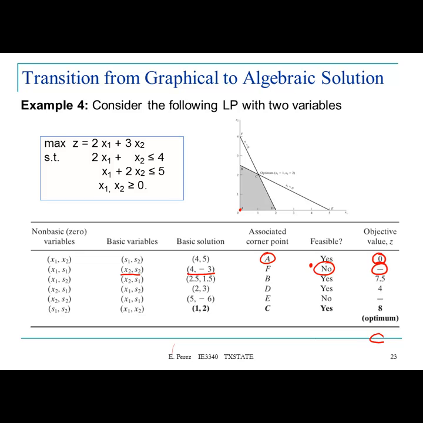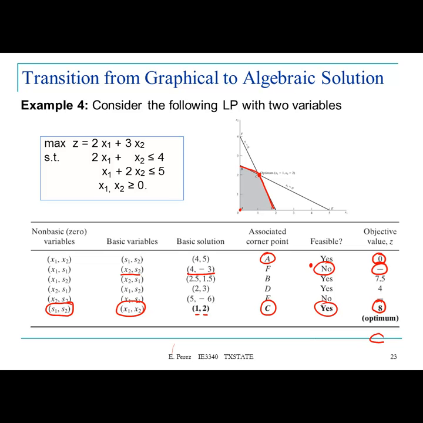Let's do one more. Maybe let's do the last one. When you let S1 and S2 equal 0, then the basic variables are x1 equals 1 and x2 equals 2. That point is this one. Is that point feasible? Yes, it is part of the feasible region. It is actually this corner point. So Z, yes, and that point gives you an objective function value equal to 8.